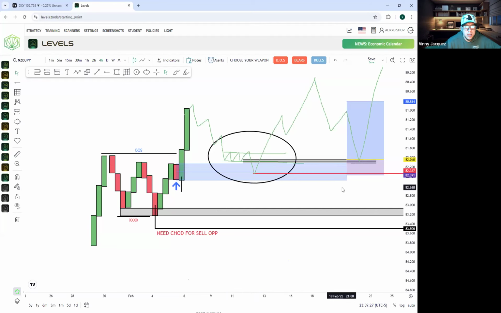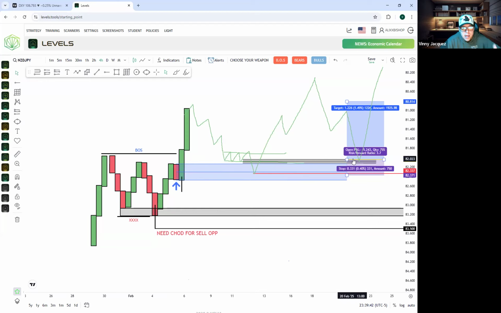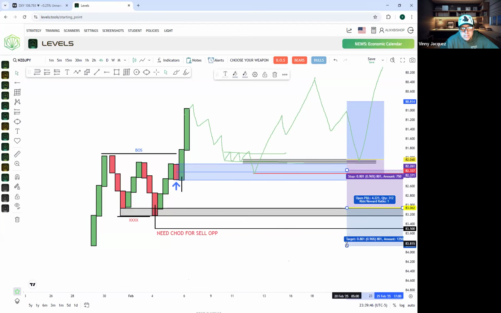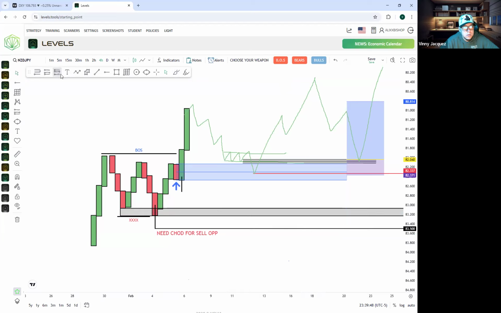That's good. Now again, let's say you didn't take this, so you're not up right now, because you don't take starting points. You wait for the reaction, which is good. So you're not up 1-3. But look, we're still using our risk to reward. If I take a loss here, that's fine, because I know at the end of the day I'm looking for this setup anyways. Does that make sense?